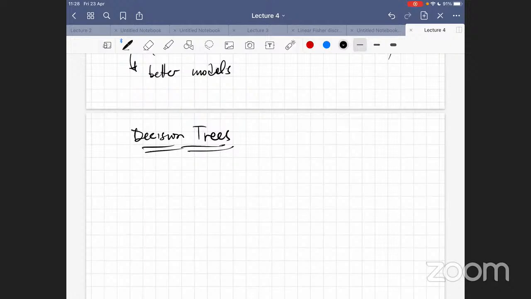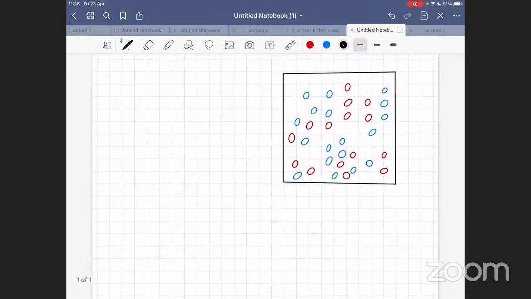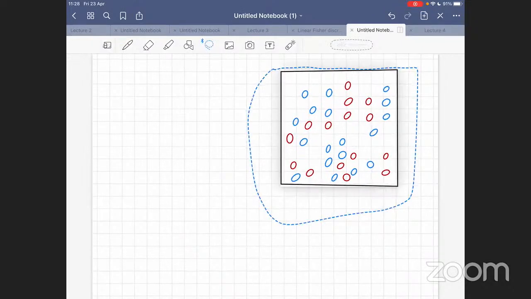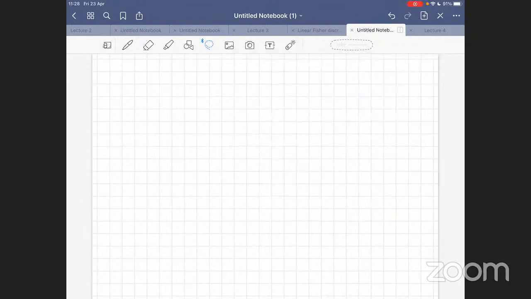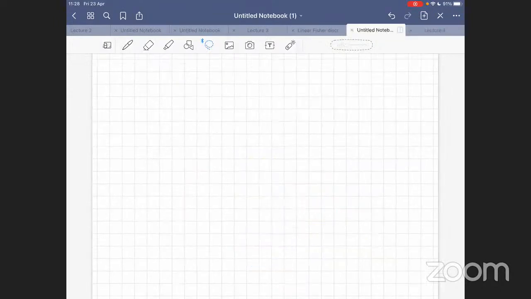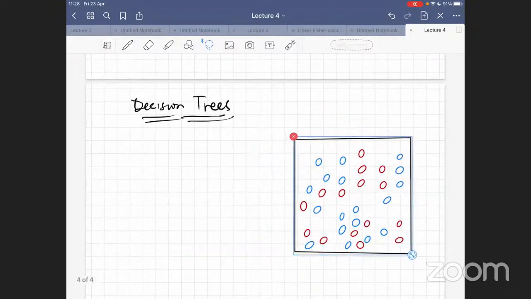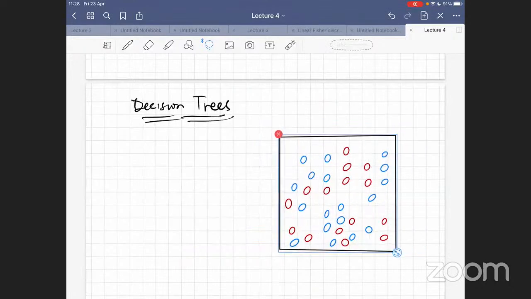So let me take a situation like this. I was drawing this some moments ago before the lecture. Imagine you have two classes of points.